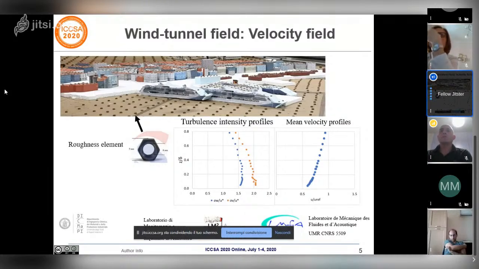This experimental setup reproduces a boundary layer of height 0.8 meters and a roughness length of about 2 millimeters, and we also obtained the mean velocity profiles and the turbulence intensity profiles as reported in this slide. All these parameters measured in the wind tunnel were used as input in the CALPUFF and CFD models to reproduce the same conditions as the wind tunnel.